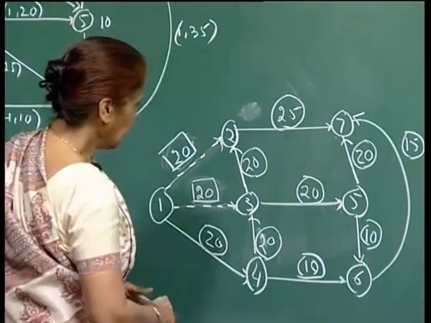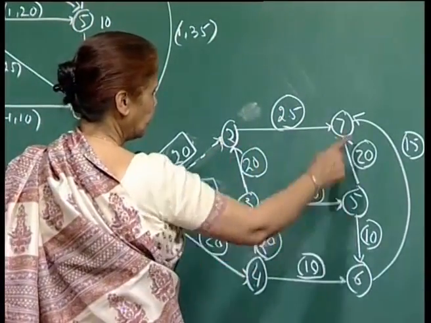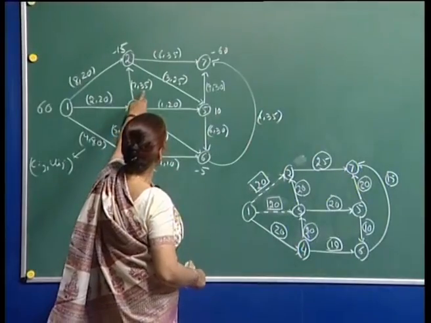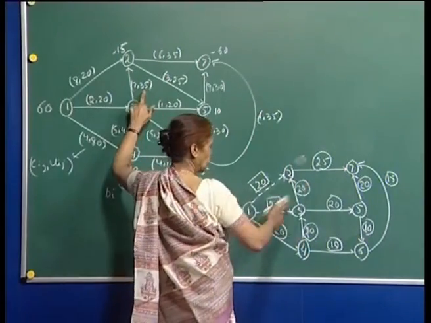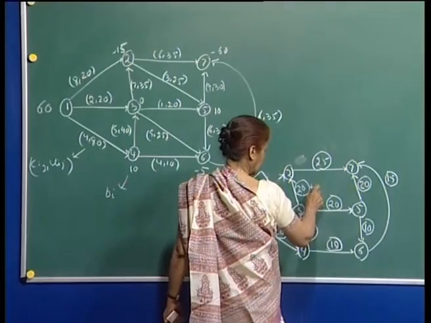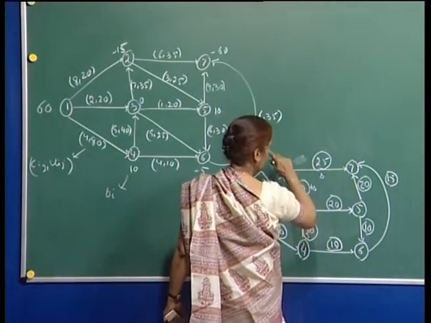Now you look at the cycle 2 3 5 7, 2 3 5 7. So here arc 3 2 has capacity more than what is there, so therefore if I try to flow delta units here, then this will be plus delta. I can do it.